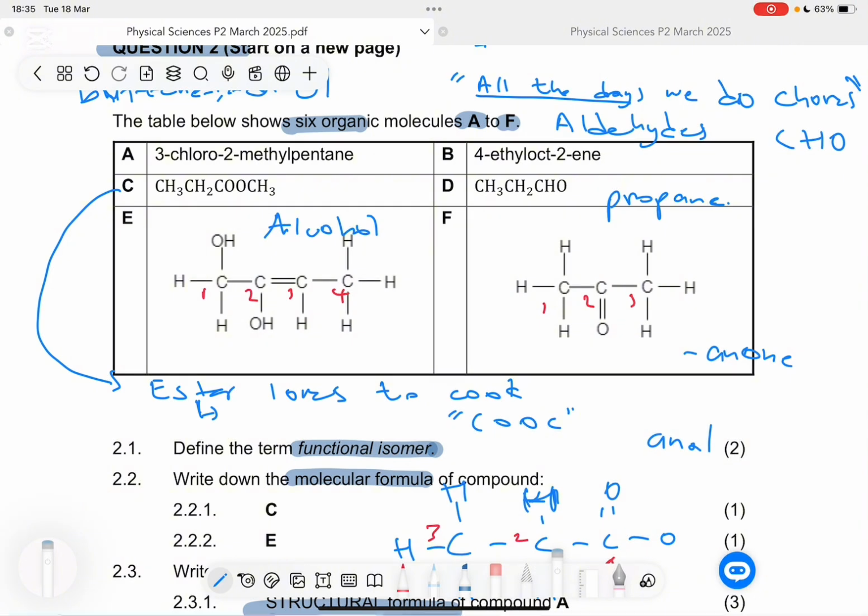So now I would say that on carbon 2 we actually have our functional group, which is the anon, the keton. Now the homologous series is keton, not necessarily the functional group. So if I combine my whole name, we will write this as a propane.